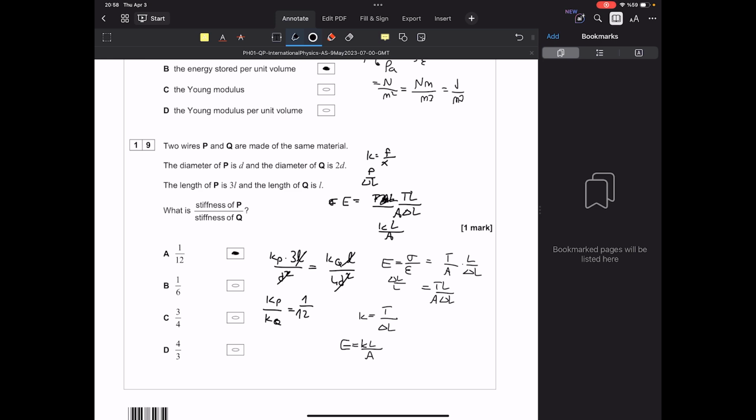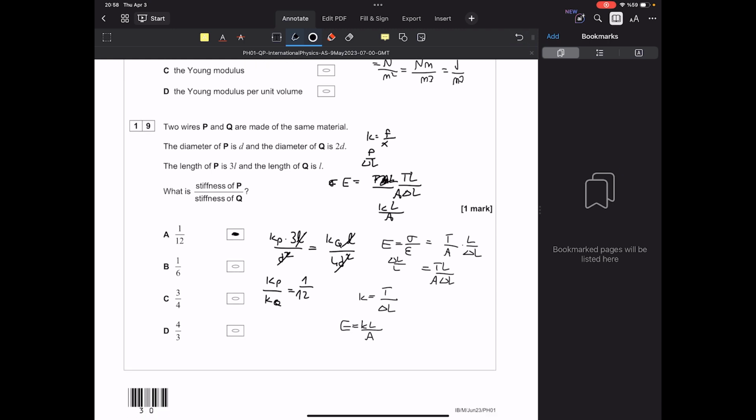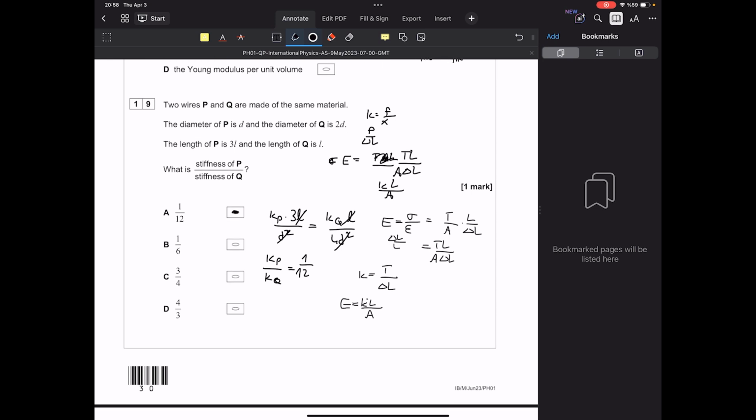If you say that the Young's modulus is unique for a material in a given shape, you can say that K is inversely proportional to L, the length, and is directly proportional to the cross-sectional area. And basically any question. Oh, there's also the energy as well. So the elastic potential energy E, which is different from the Young's modulus, is 1/2 kx squared.